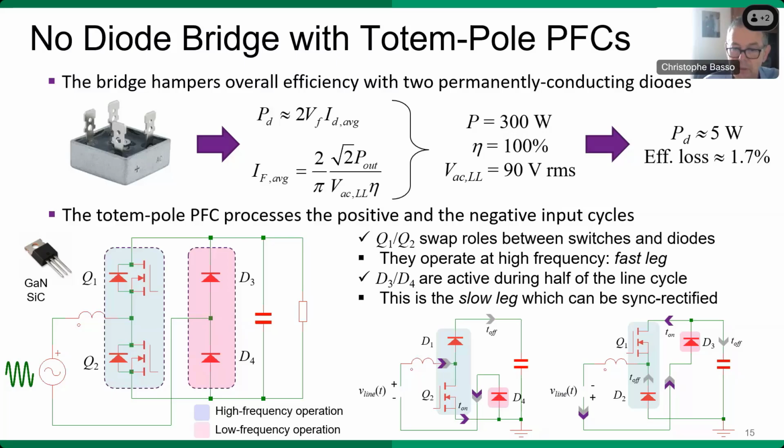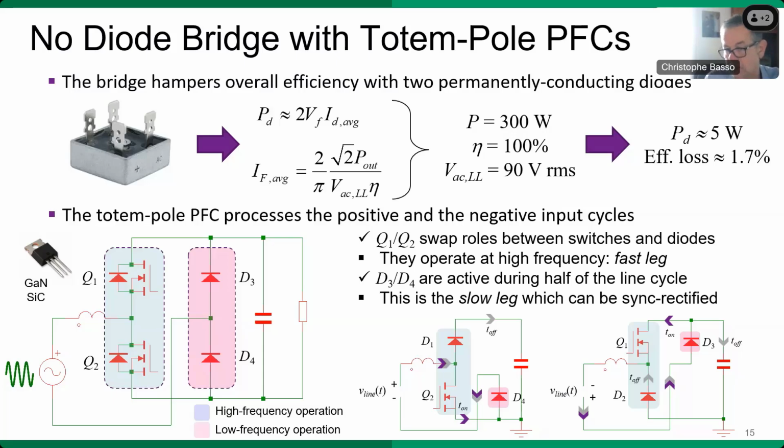When a positive cycle is applied, you have a specific logic that decodes the input line polarity, and transistor Q2 is actuated at high frequency with the correct switching pattern, while the body diode of Q1 acts like a control rectifier. Diode D4 is a low frequency type and permanently conducts during the 10 milliseconds of the positive cycle.